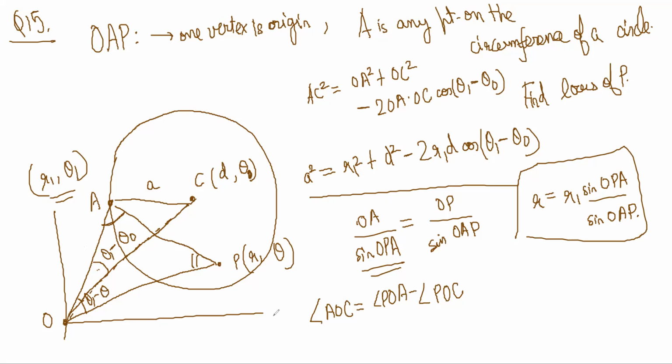So basically theta 1 minus theta naught, which is AOC, is equal to POA. POA is theta 1 minus theta, minus POC. POC is theta minus theta naught.